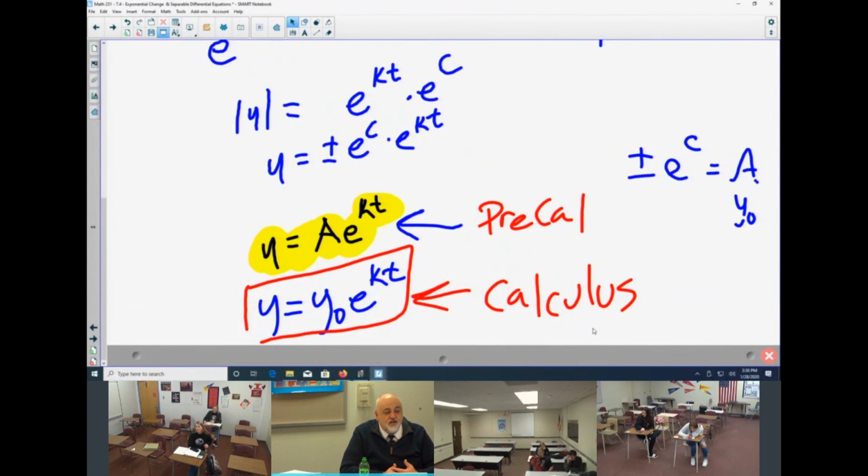This is the formula that I'm going to work with starting tomorrow or Monday: the amount of stuff at any time is equal to the initial amount times e to the kt, where k is the constant of variation and t is time. Instead of using a, we use y sub 0 for the initial amount. So that's sort of the preamble.